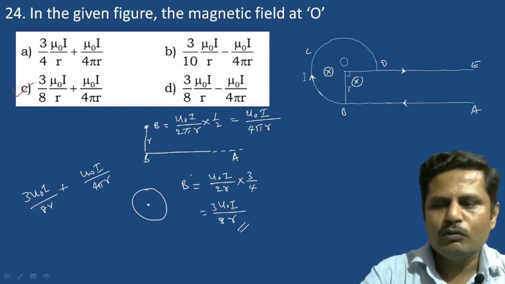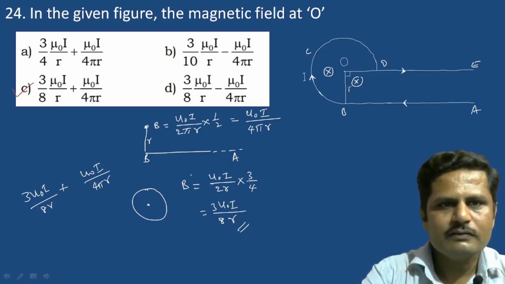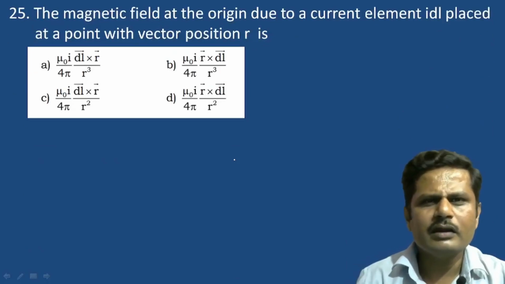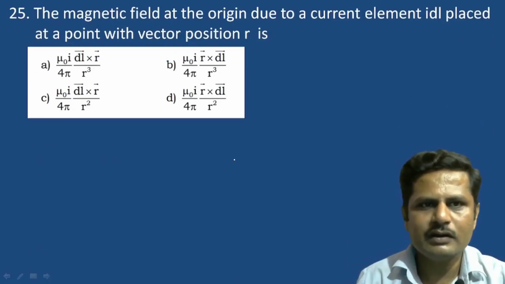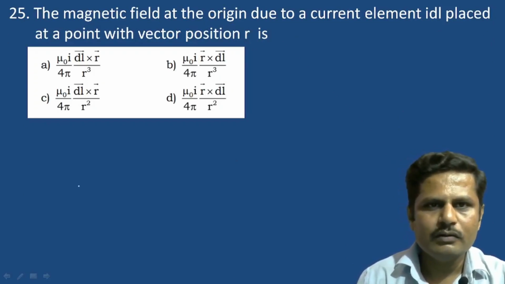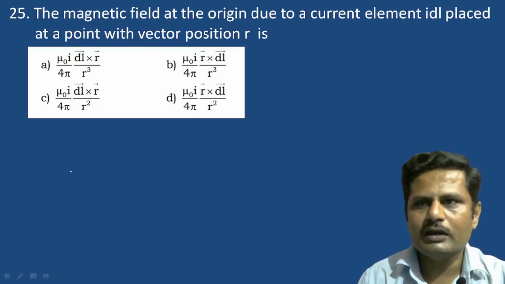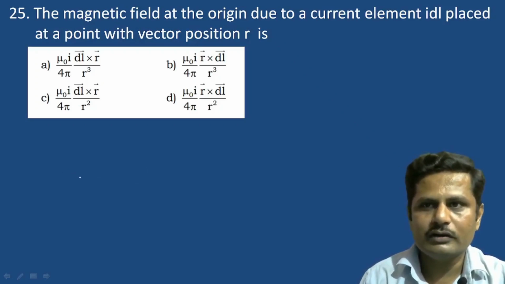Now let me go to the next question: the magnetic field at the origin due to a current element I dl placed at a point with position vector R is... Here we need to find the magnetic field at the origin due to the current element.